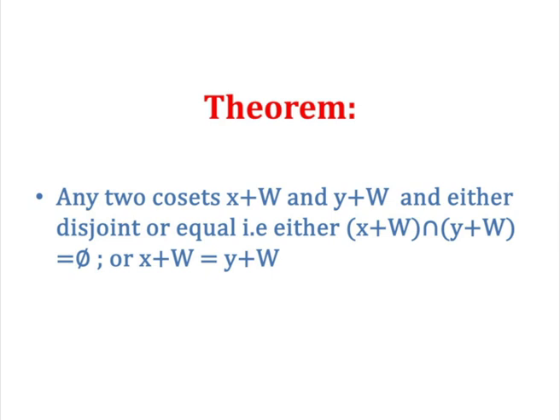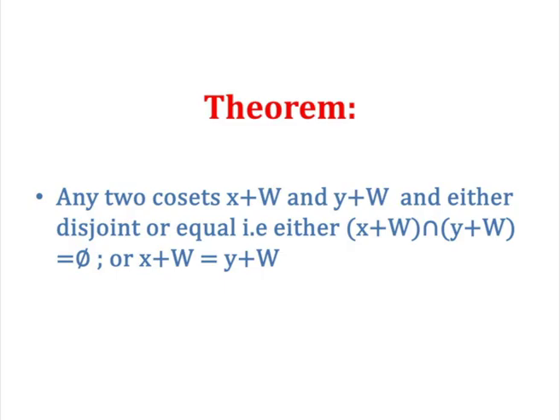Next theorem: any two cosets x plus W and y plus W are either disjoint or equal, that is, either x plus W intersection y plus W equal to the null set. What is the null set? There are no elements in it.